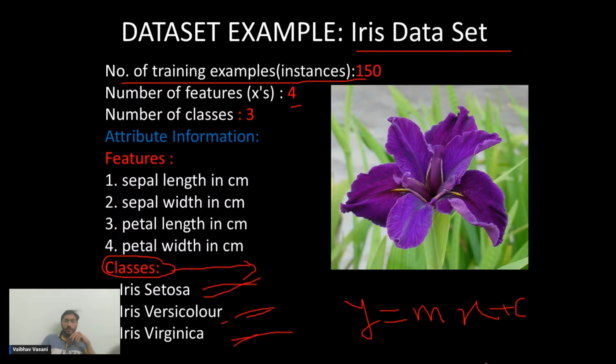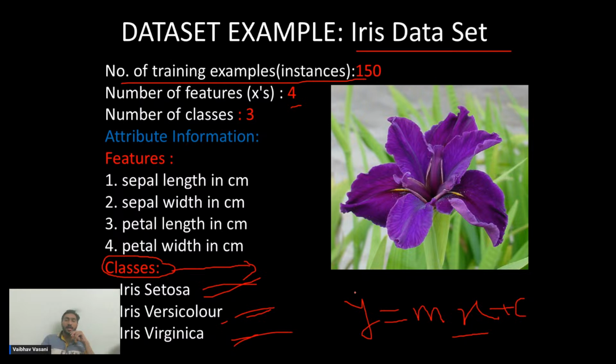Okay, when I'm talking about y is equal to x plus c, this x is our independent variable, and this y is our dependent variable. Why is x independent? Because x is the one which defines the y. And how do we know the dependent variable? That we need to decide.